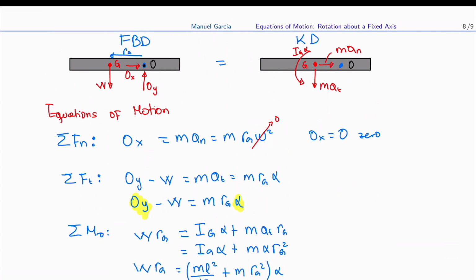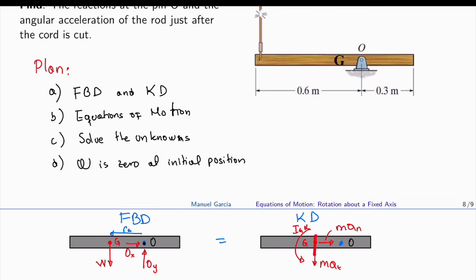Rg is the distance from O to the center of mass. The total length is 0.6 plus 0.3, so that's 0.9. Half of it is 0.45, and if this is 0.3, so this should be 0.15.